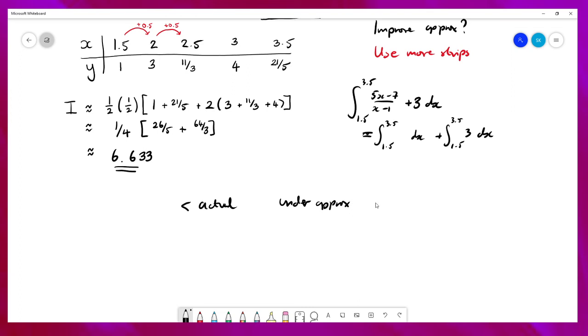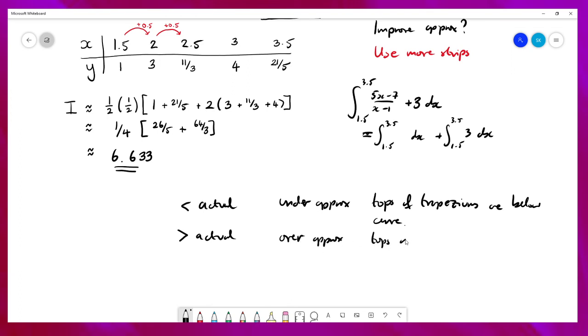And the reason is the tops of the trapeziums are mostly below the curve. If it's greater than the actual, it's an over approximation. And in that case, the tops of trapeziums are above the curve.